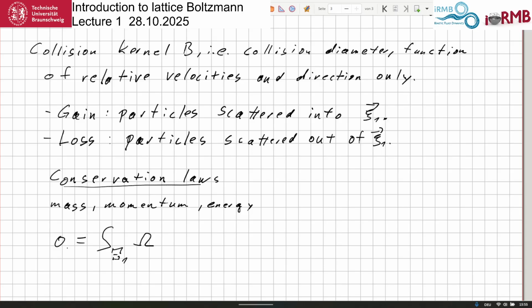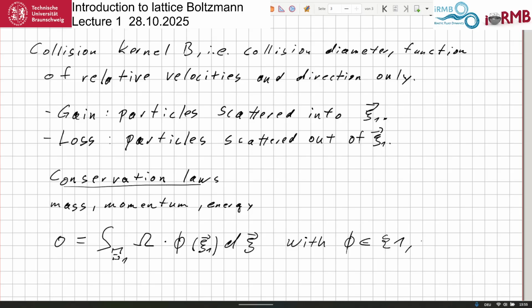So the integral over this is 0 together with a kernel phi over Xi1. If phi is 1, it's just the integral over the collision operator, meaning that all the particles going in are the particles going out. So this will give us the conservation of mass.